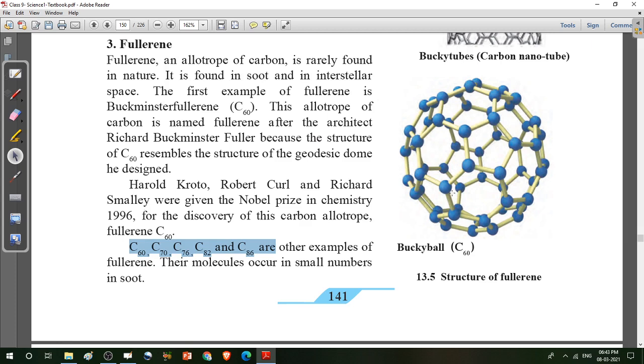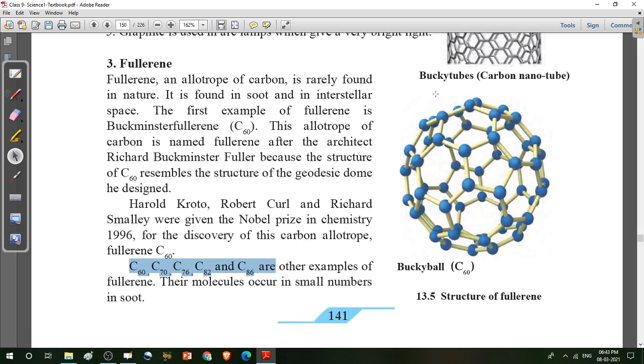So you can see here the appearance, the structure of the fullerene. Clear? This is like a football. In a football, check the structure of the upper surface if you have one.